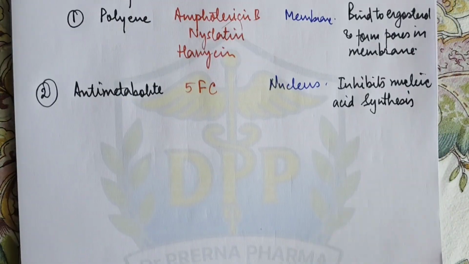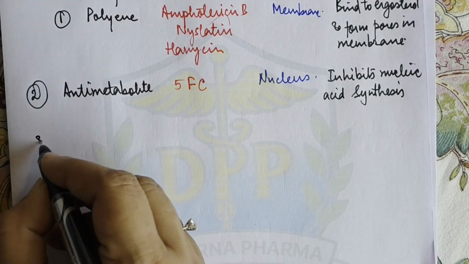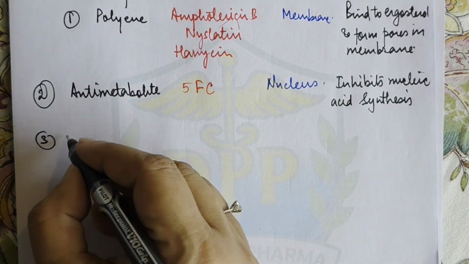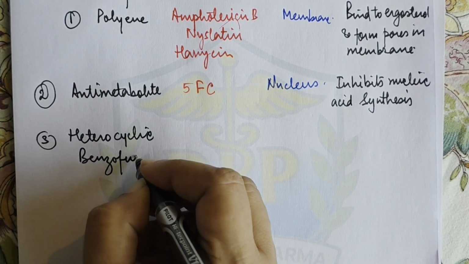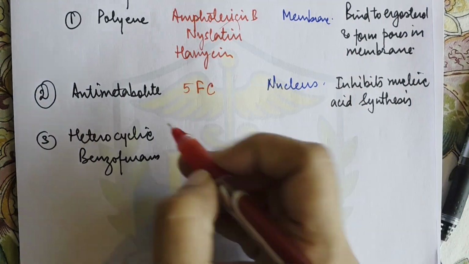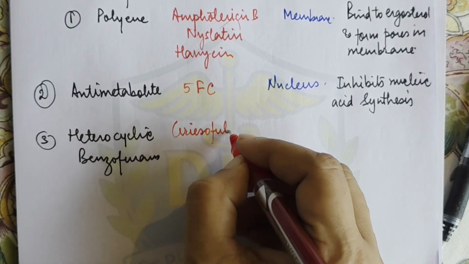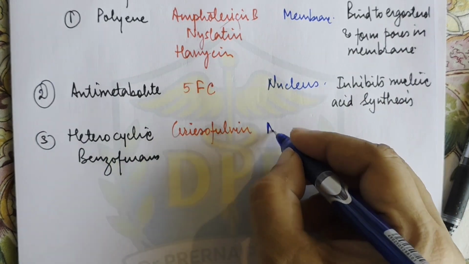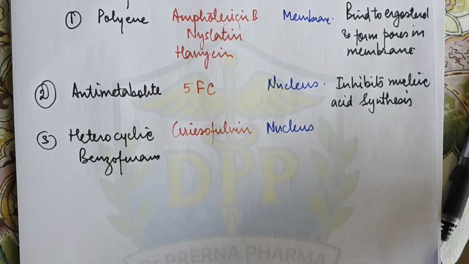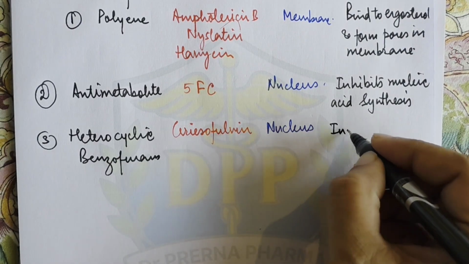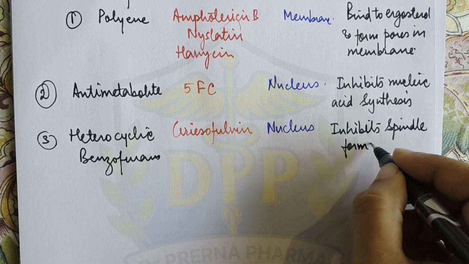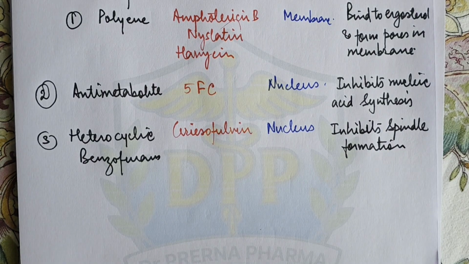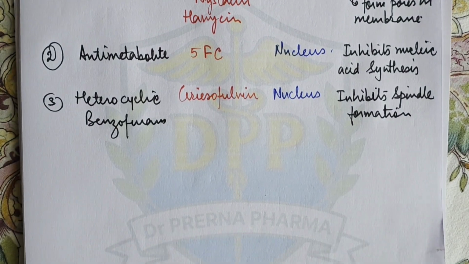Then the next category is heterocyclic benzofurans, and these drugs include griseofulvin. They also act in the nucleus, and it basically inhibits the spindle formation, right? So it disrupts the microtubule function by inhibiting the spindle formation.